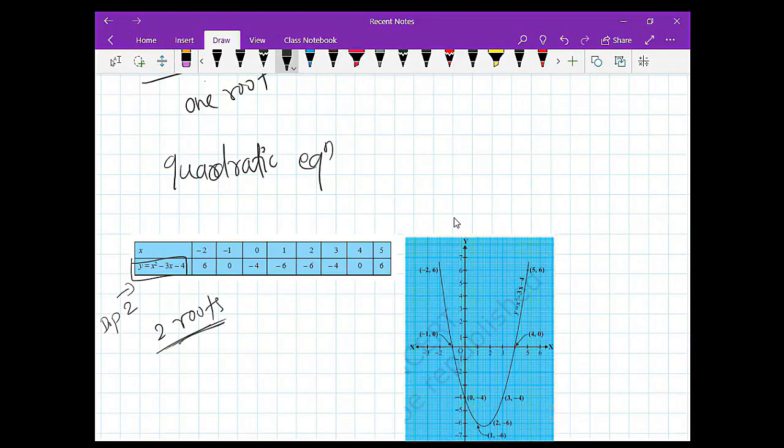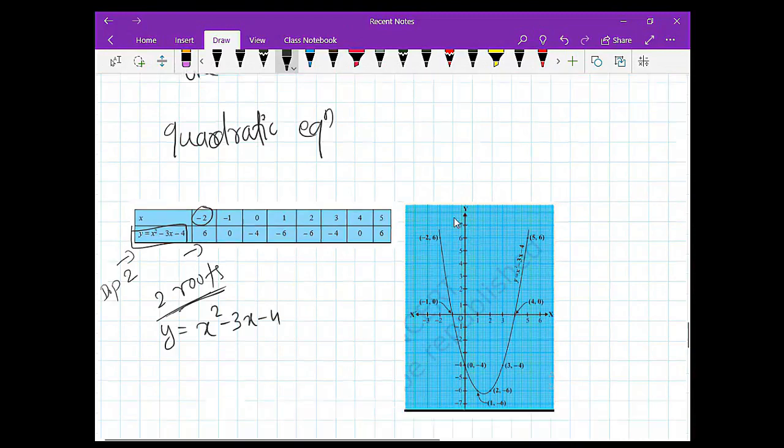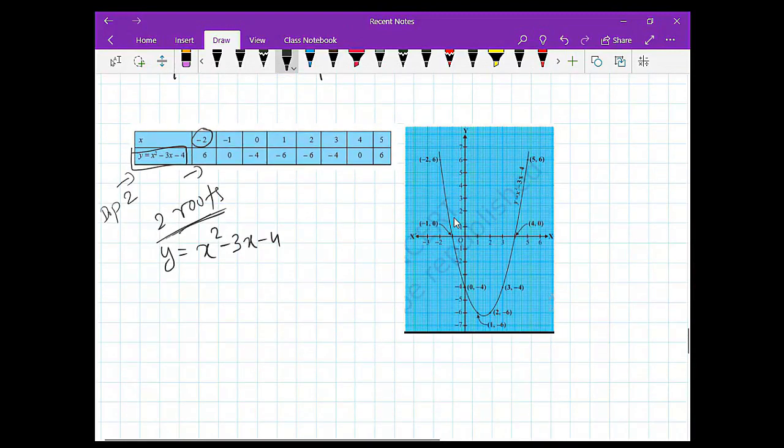When we give some values for x, we will get y values. When x equal to minus 2, y becomes, see, I'm writing here, y equal to x square minus 3x minus 4. We put x value minus 2: minus 2 square minus 3 into minus 2 minus 4.